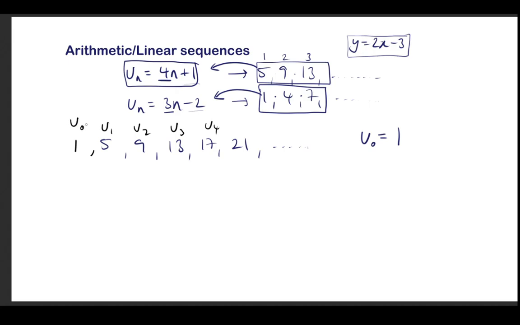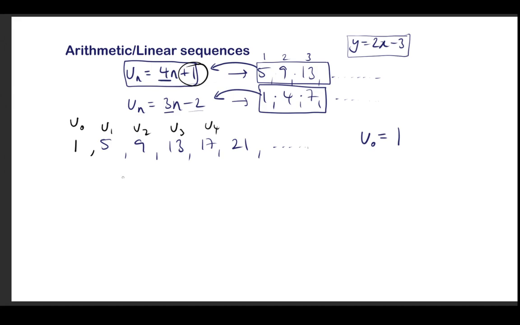This number will be u0. And what we notice is that this number in the formula must be the same as u0, because when we put n equals 0 into a formula, the number of n's will always disappear.